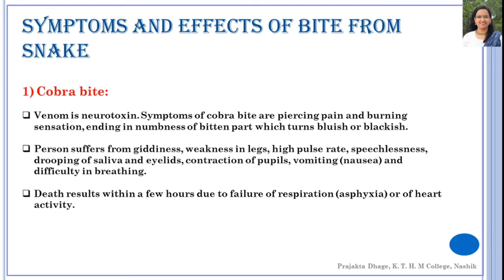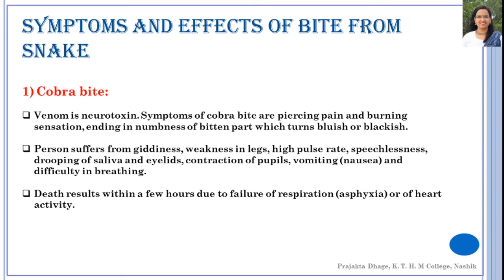Now the venom of cobra is neurotoxin. The symptoms of cobra bite are a very strong pain and burning sensation. It will end in numbness of the bitten part, which turns bluish or blackish. The person suffers from giddiness, weakness in legs, high pulse rate, speechlessness, drooping of saliva and eyelids.